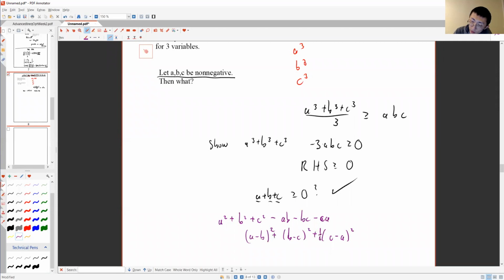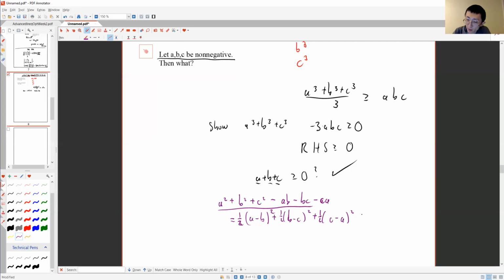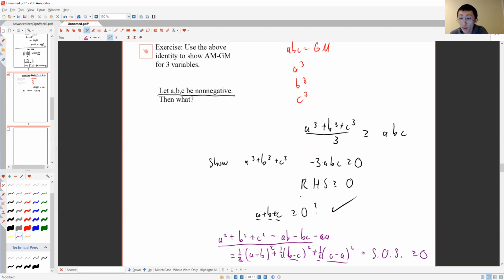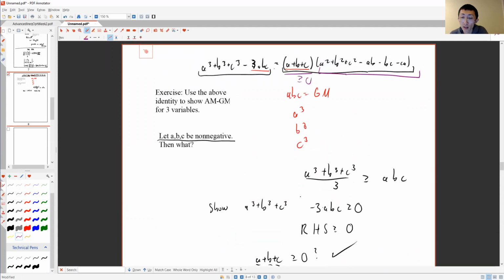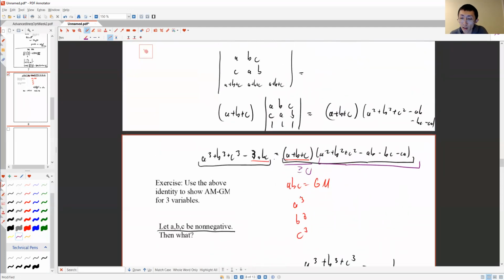So if I divide by 2, this expression equals this expression. So this is a sum of squares. You have half a square plus half a square and half a square. By the trivial inequality, each of these is non-negative, so the whole thing is non-negative. Great, so that's an alternative proof that AMGM works.